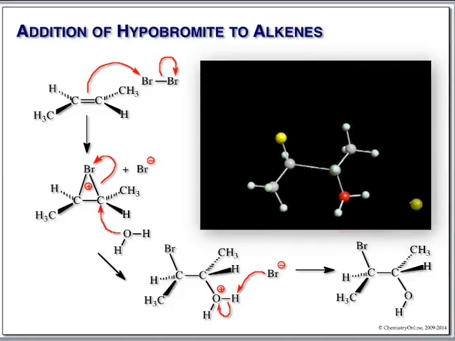This is going to lose that proton, and we get our trans addition product. HOBr, what you say to yourself is, I'm going to form an addition product with bromine on one carbon, OH on the other. OH is going to go to the carbon that will give the most stable carbocation, and they will be trans.